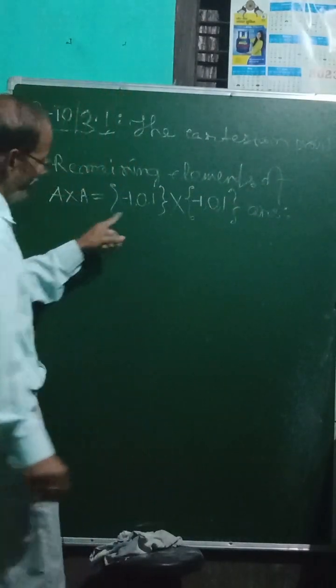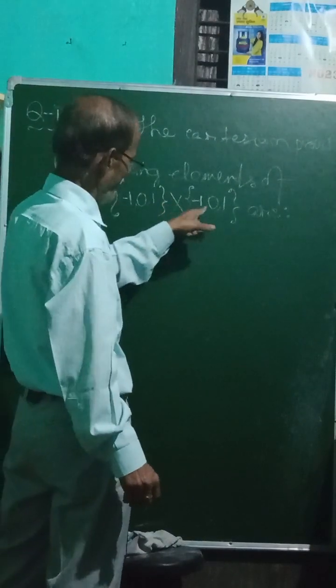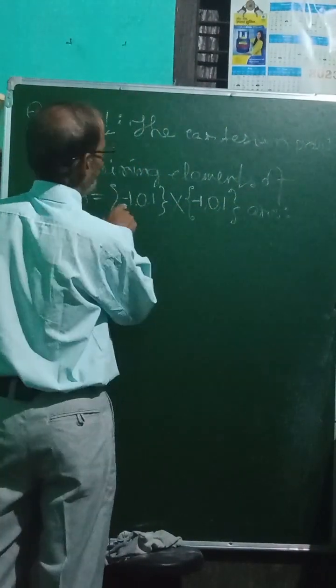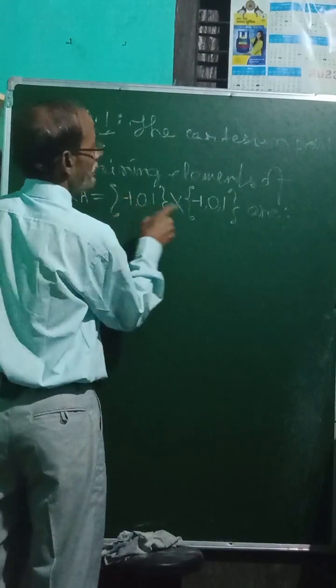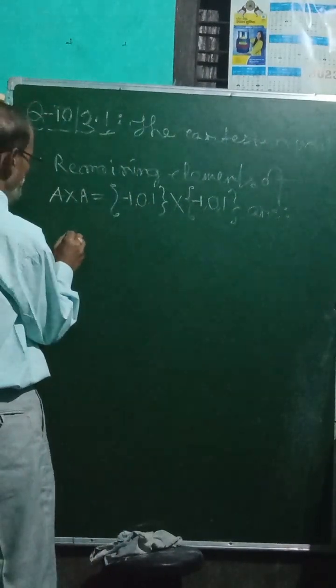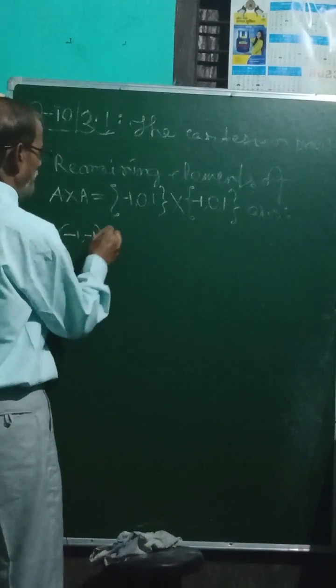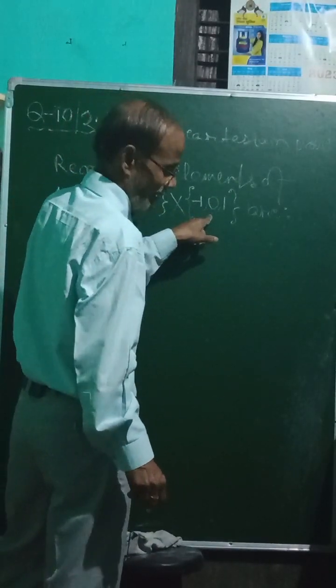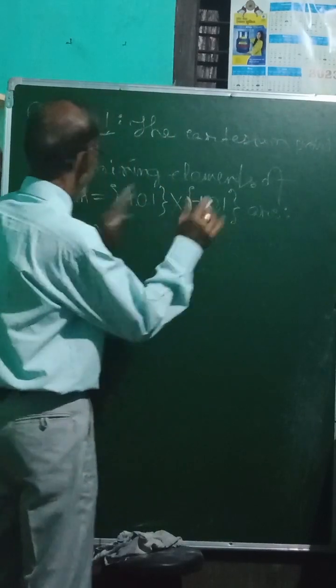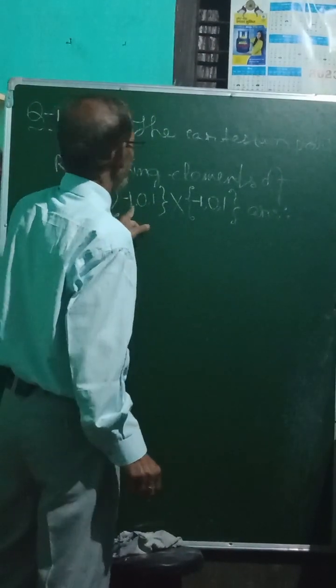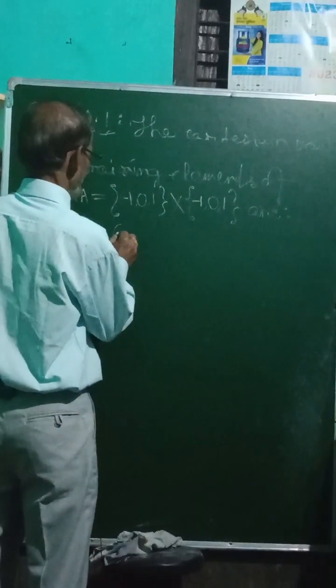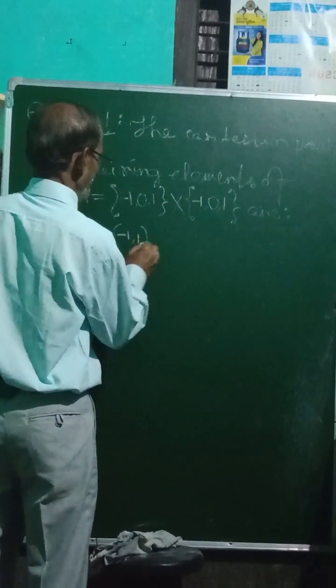Now we shall find the remaining elements. The elements of A cross A are {-1, 0, 1} cross {-1, 0, 1}: (-1, -1), first element -1, second element -1. Then (-1, 0), but (-1, 0) has been given, so you don't write it. Then (-1, 1), you can write.